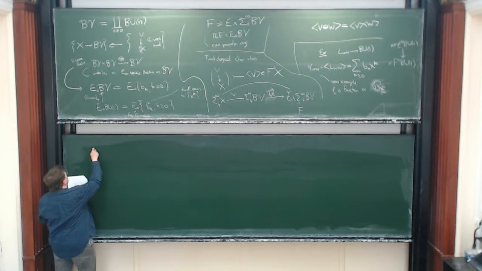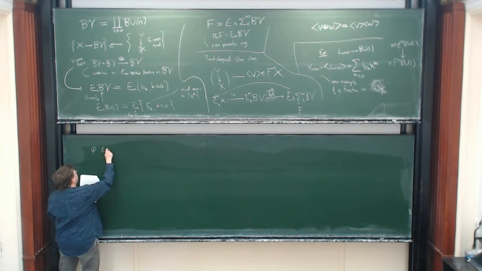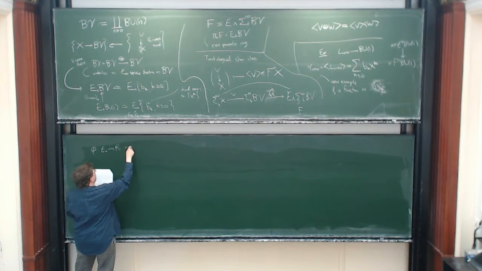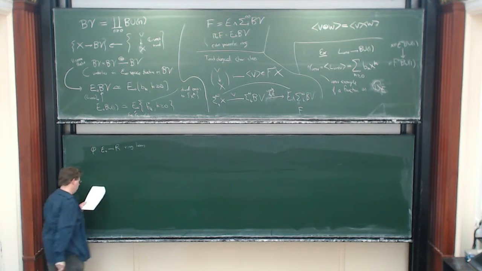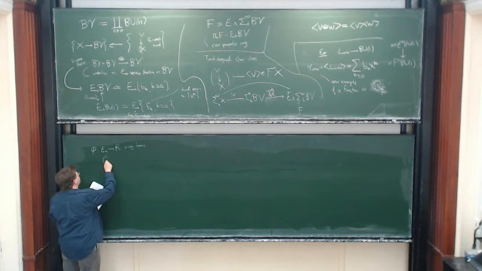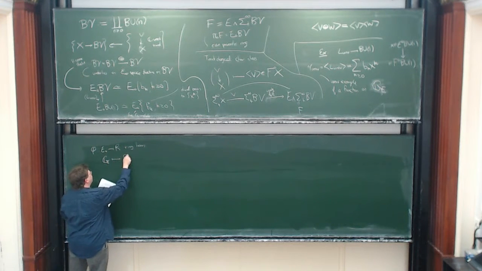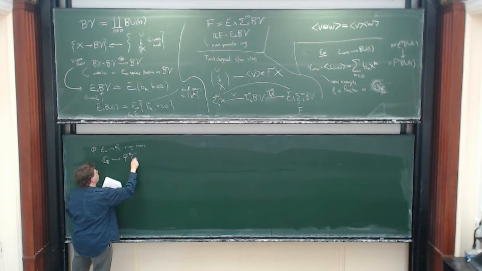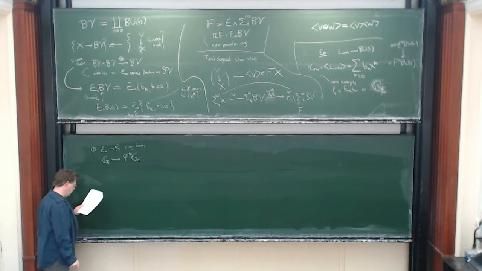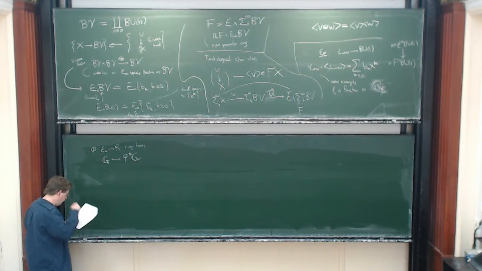So here's the idea. Suppose I give myself a ring homomorphism phi. When I have a ring homomorphism, I get to take the formal group that's defined over E and move it over to a formal group defined over R, phi pushforward star of G_E.